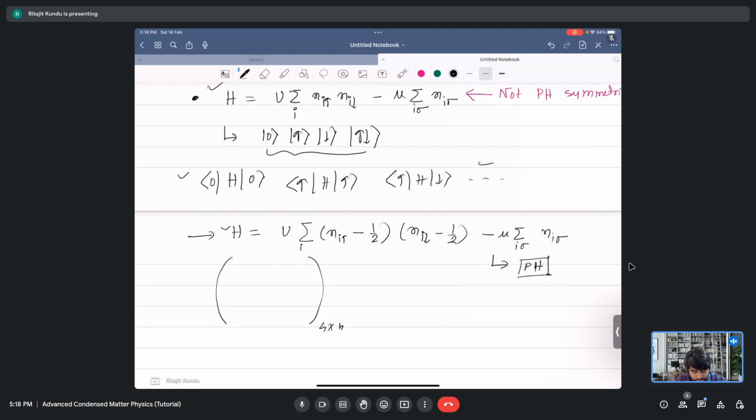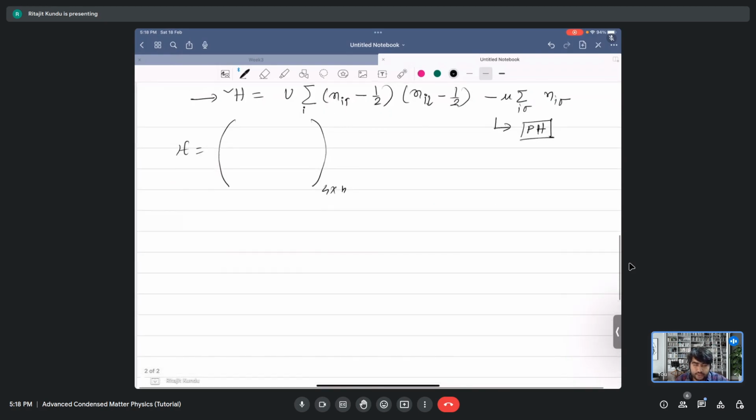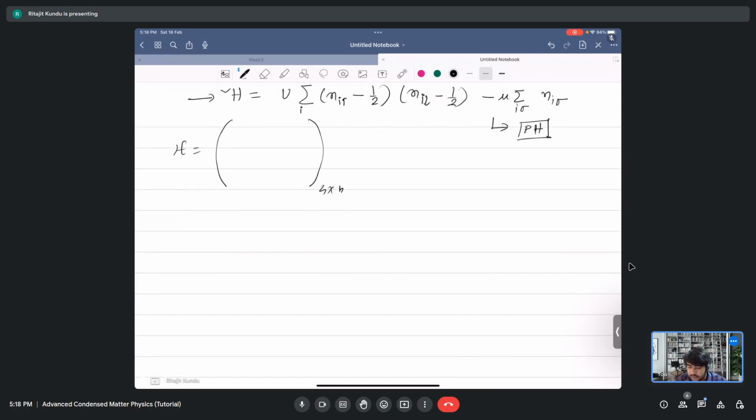We can find this 4x4 Hamiltonian matrix, and we can analytically diagonalize it. If you diagonalize it, you get the eigenvalues, which are U by 4, minus U by 4 minus mu, minus U by 4 minus mu, and U by 4 minus 2 mu.